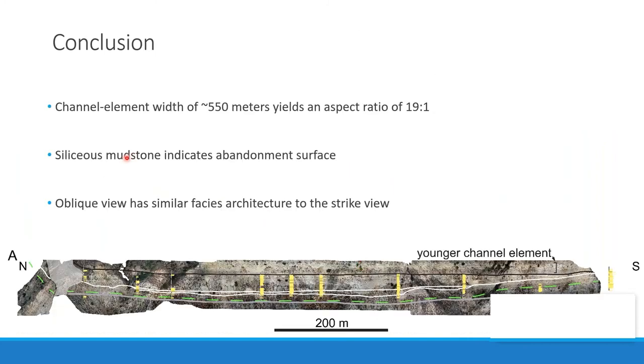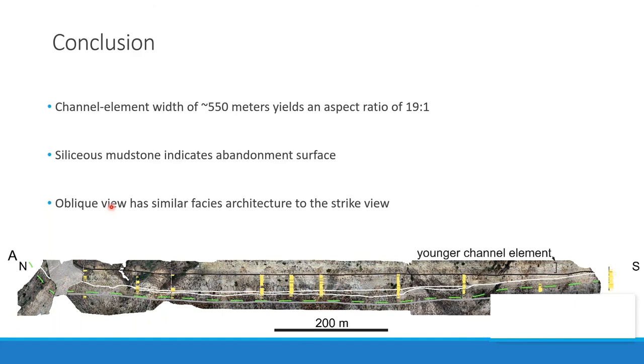So just to close, the channel element width of 550 meters yields an aspect ratio of 19:1, which is in agreement with other estimates of channel element width. And we have a unique situation in that the siliceous mudstone is a great indicator of hemipelagic deposition and therefore marks a nice abandonment surface here.